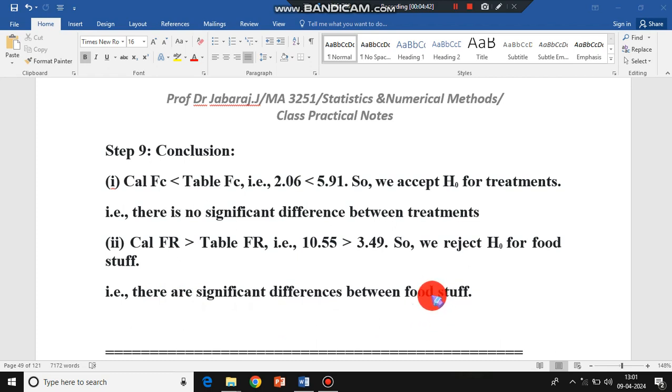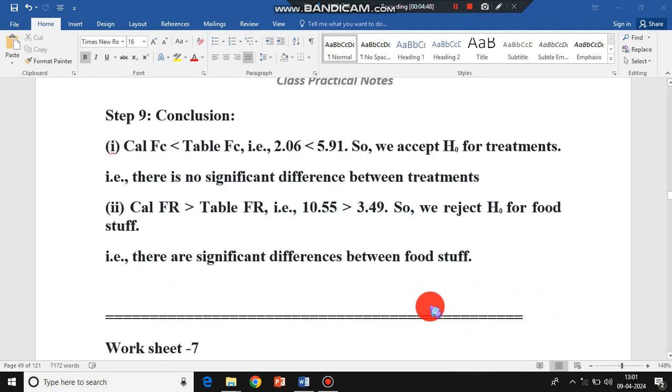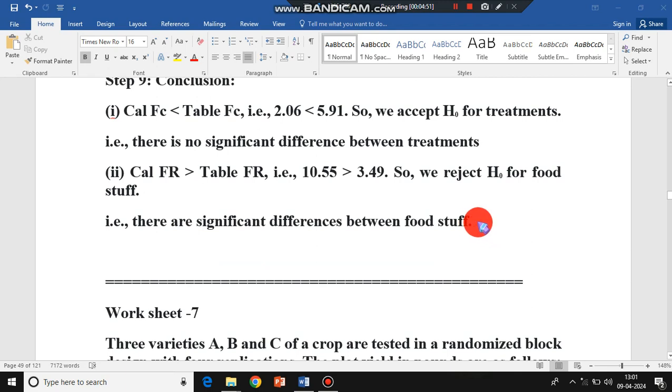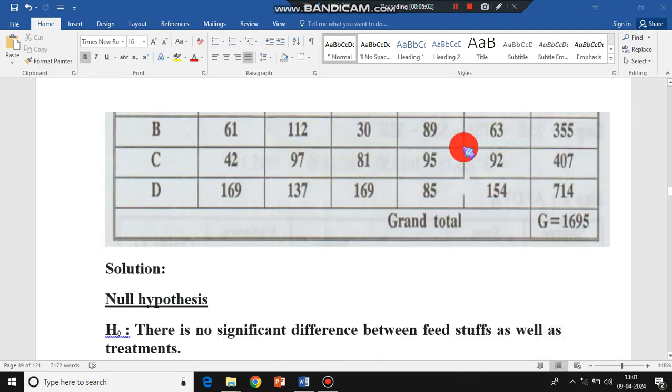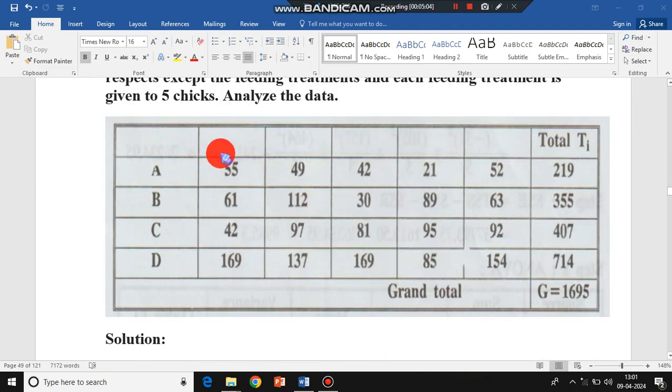Anyway, we can say foodstuff or feedstuff. So our final answer is that as far as column wise is concerned, there is no significant difference between the treatments. That means the 5 treatments, T1, T2, T3, T4, T5, are acting together.